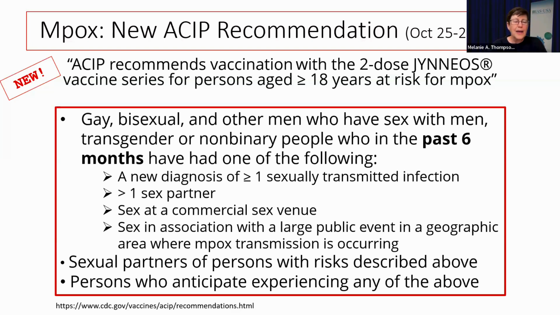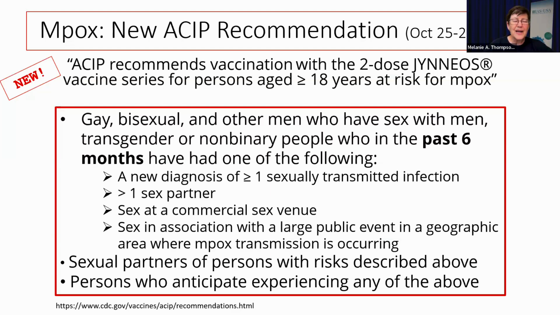So people who are gay, bisexual, other men who have sex with men, transgender or non-binary, who in the past 6 months have had a new diagnosis of at least one STI or more than one sex partner, people who have sex at commercial sex venues or at parties in association with big public events where Mpox is transmitted, and also the sexual partners of people with those risks.